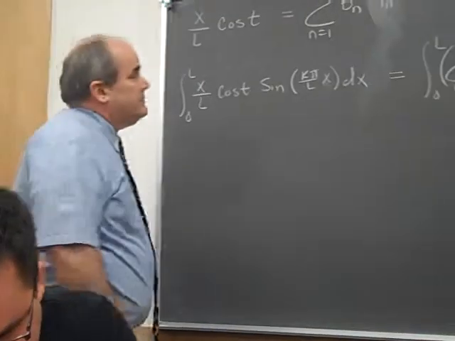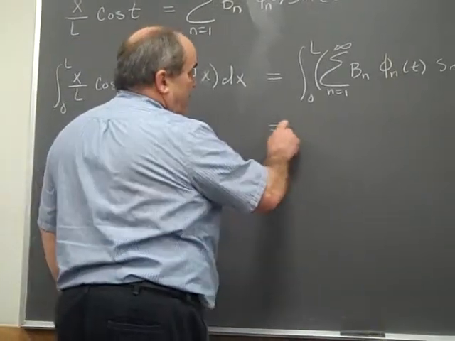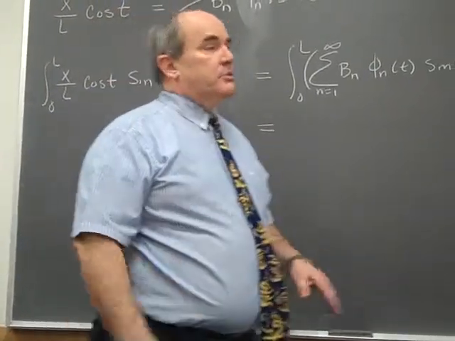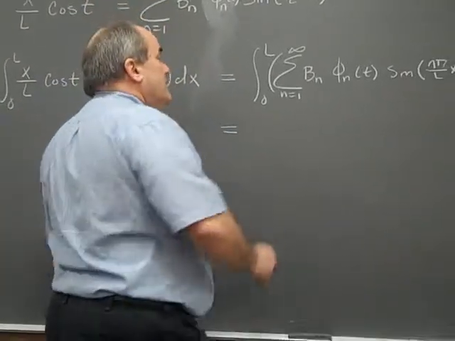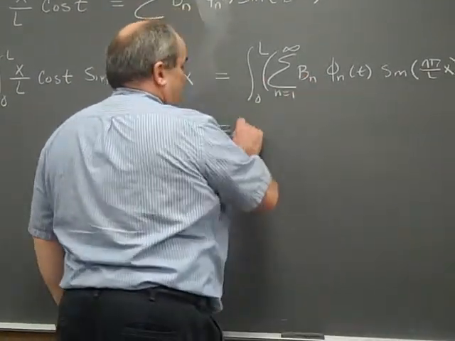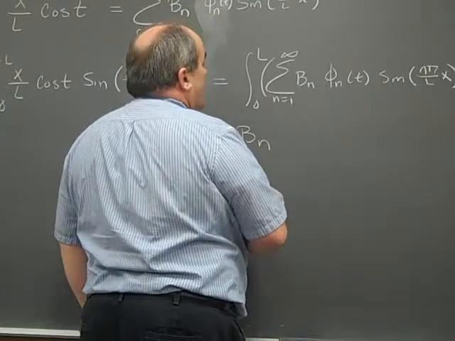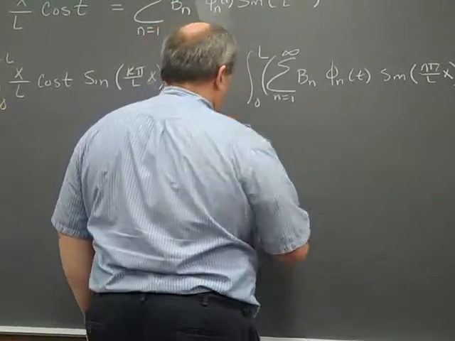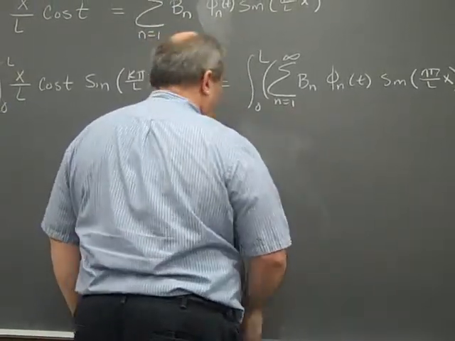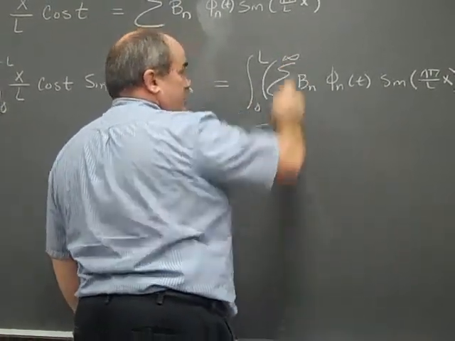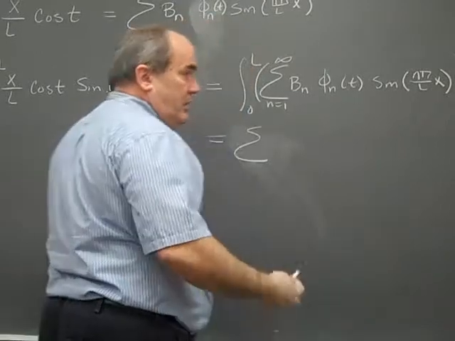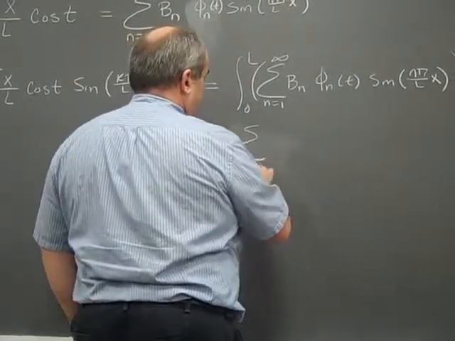And we can pull the sum out, right? Making, again, the same assumptions about the fact that this thing converges uniformly on 0 to L. Well, be a little careful. We can pull the sum out. Integral of a sum is the sum of the integrals. That's not always true if you're doing an infinite sum, but in this case, we can get away with it.